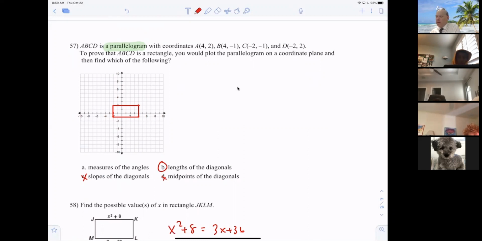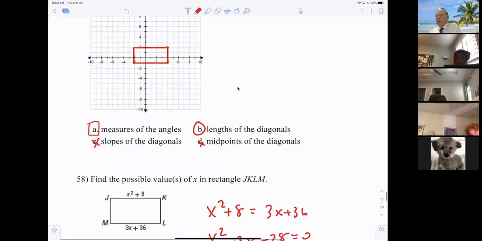Well, I almost thought A was okay, but how do you find the measure of the angles? Right, so what I'm saying is, if you knew these were right angles, then that would be a rectangle, right? But the only way to know those are right angles is if you check out the what? Slopes. You with me on that? So that's why I didn't think A was the correct answer.